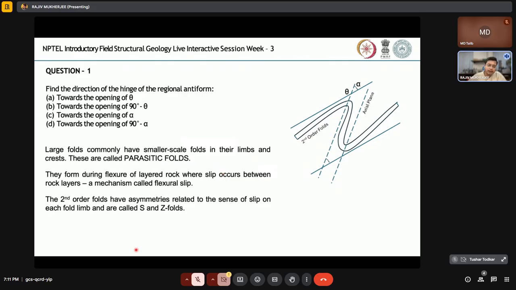Okay, so let us start with the discussion. First of all, larger folds commonly have small scale folds, specifically in their limbs and the crest or the hinge.